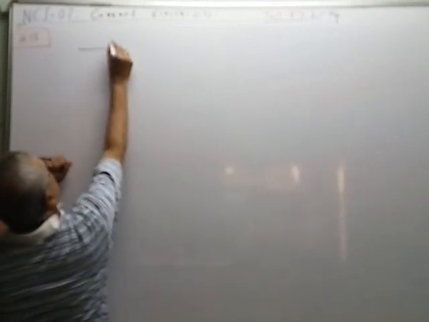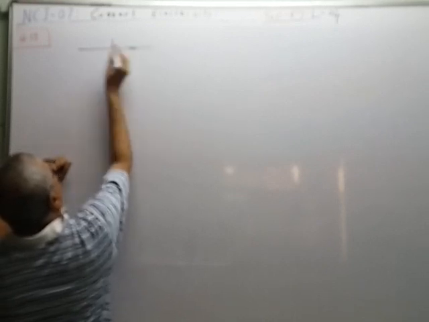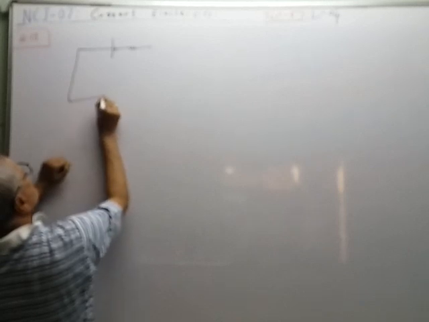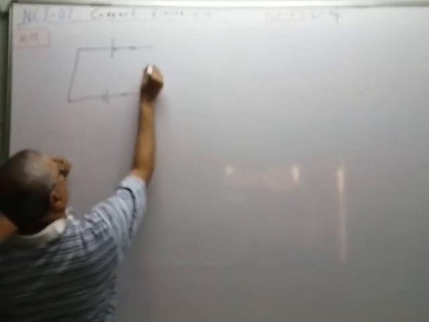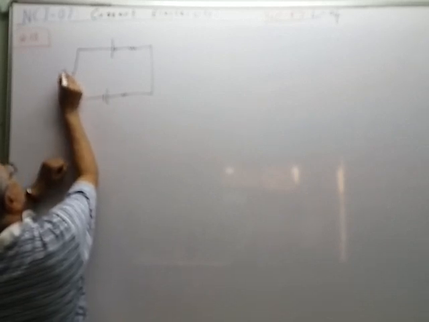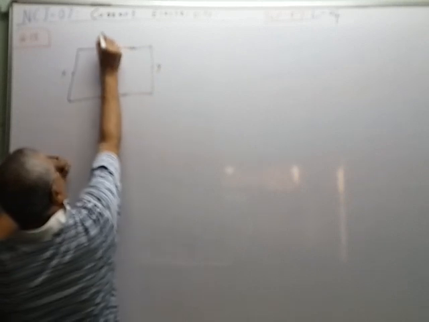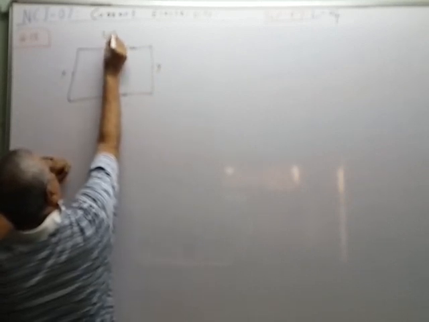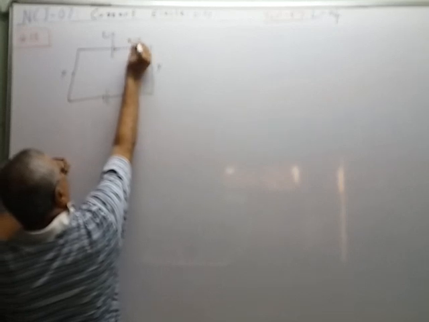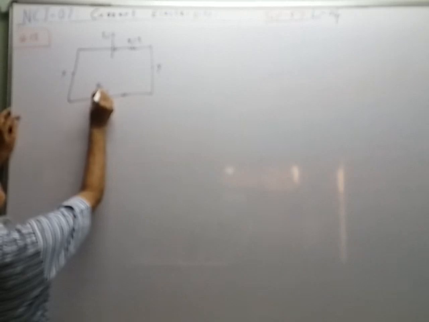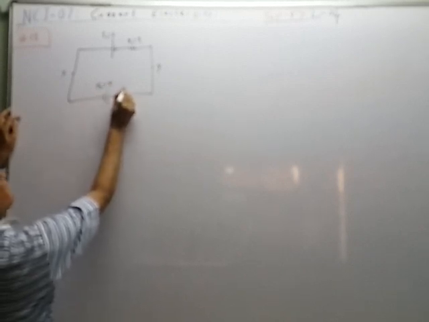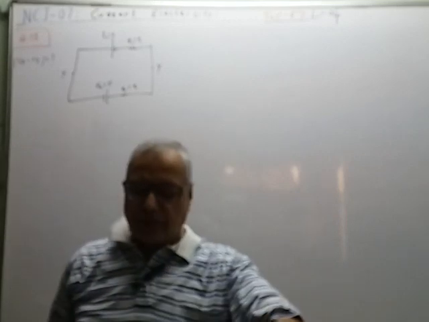So the circuit diagram is given like this. So this is point X, this is point Y, this is the EMF E1 is equal to E, this is the internal resistance R1 is equal to R, this is the EMF E2 is equal to E, this is the internal resistance R2 is equal to R, and Vx minus Vy is equal to question mark.